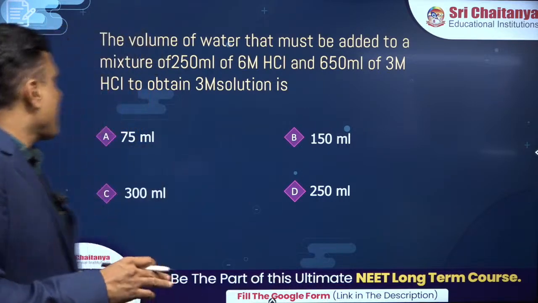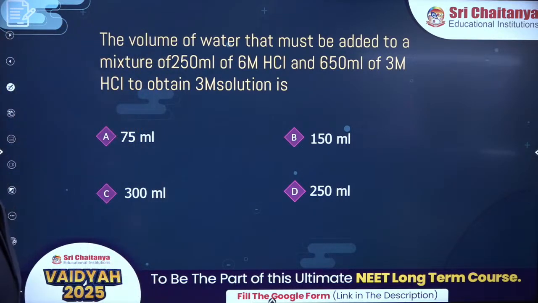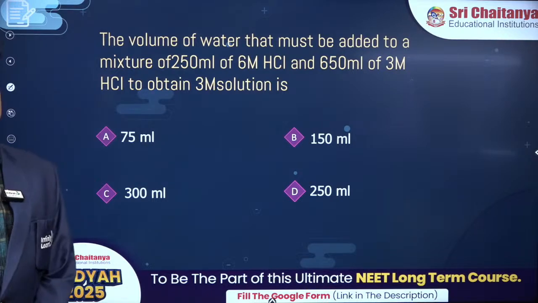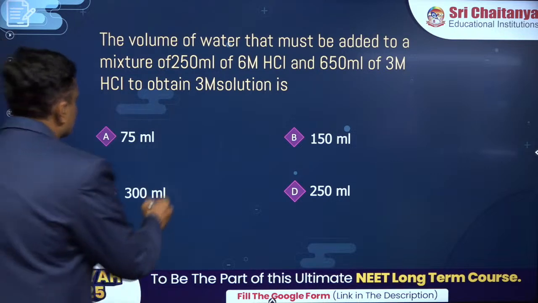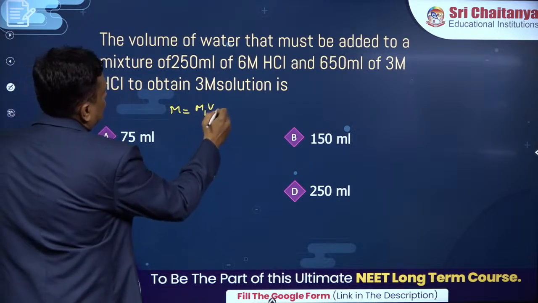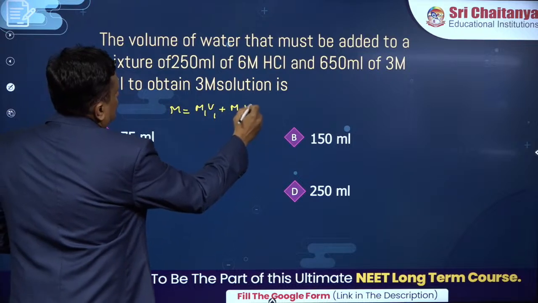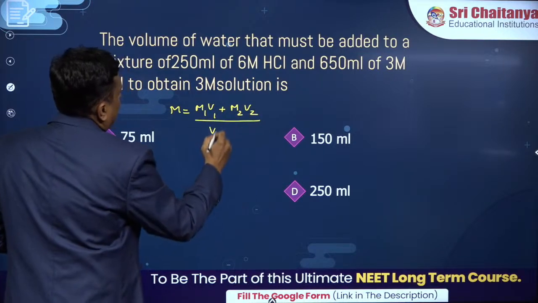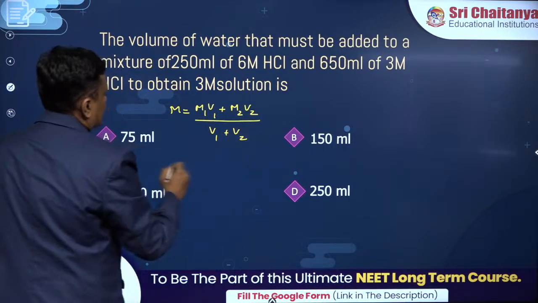That's all. The volume of water that must be added to a mixture of 250 ml of 6 molar HCl and 650 ml of 3 molar HCl to obtain 3 molar solution. We know that, right? Normality or molarity of resulting solution is M1V1 plus M2V2 divided by V1 plus V2.